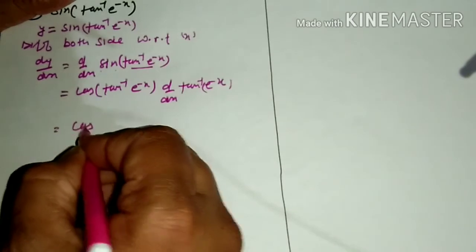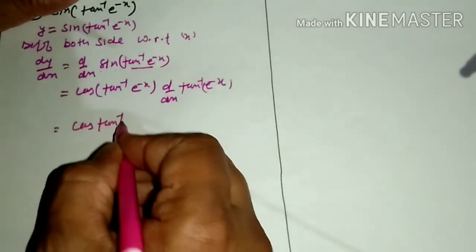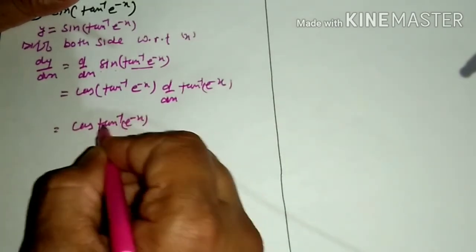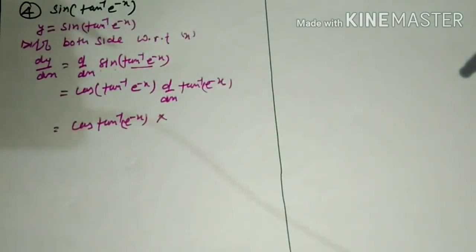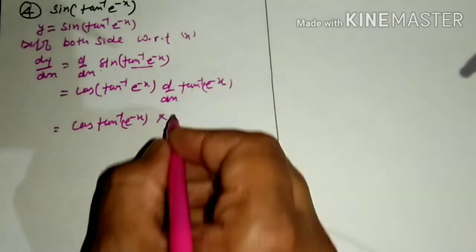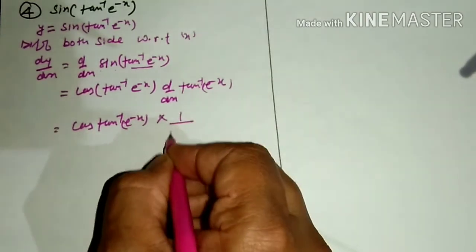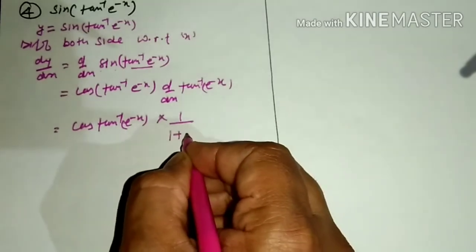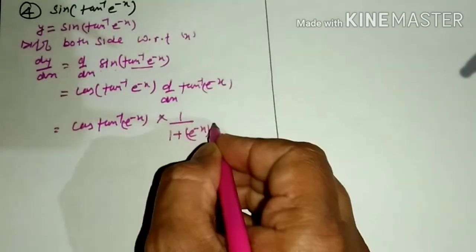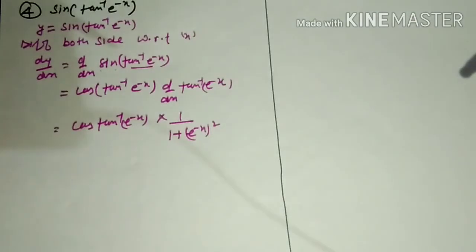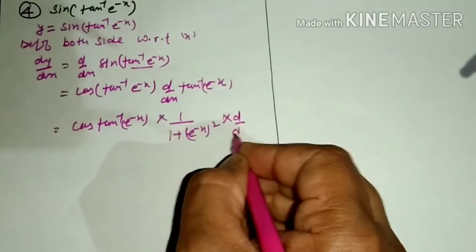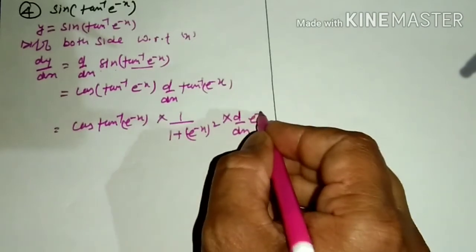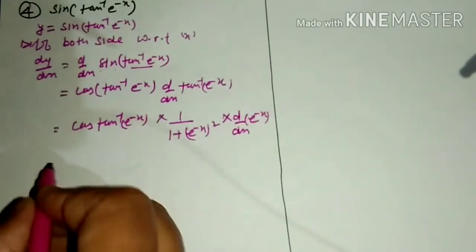Cos tan inverse e to the power minus x, and the differentiation of tan inverse is 1 upon 1 plus e to the power minus x whole square, and then again d upon dx of e to the power minus x.